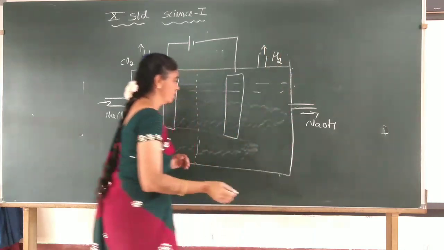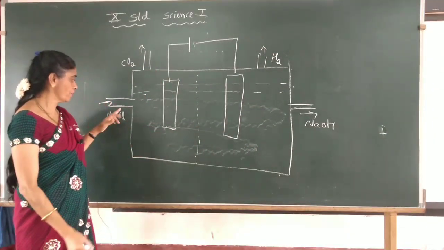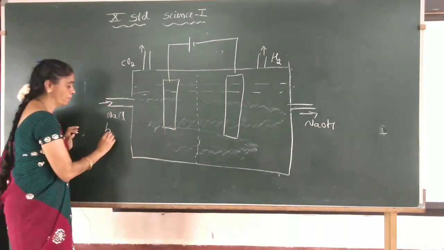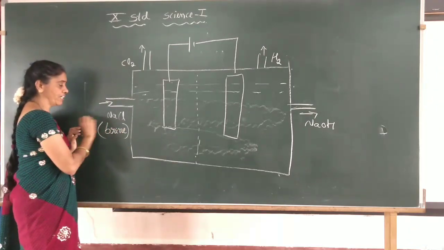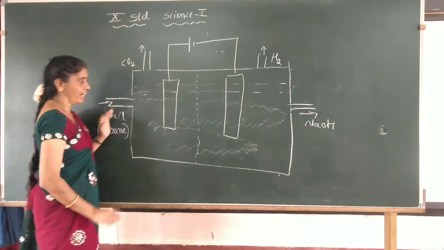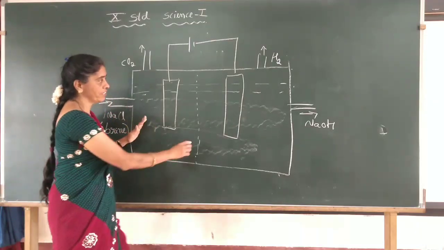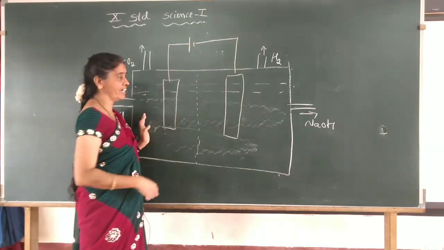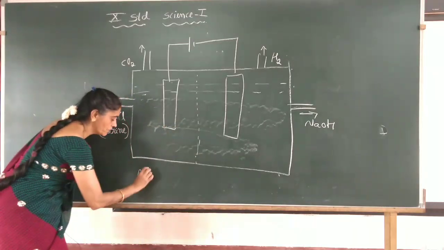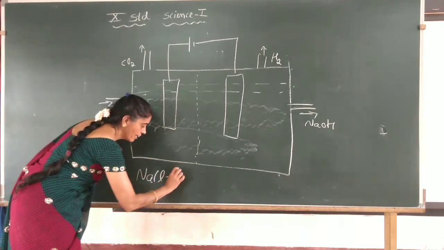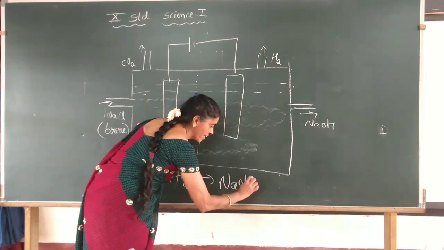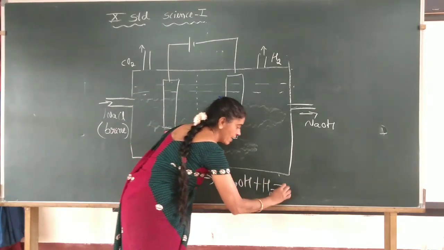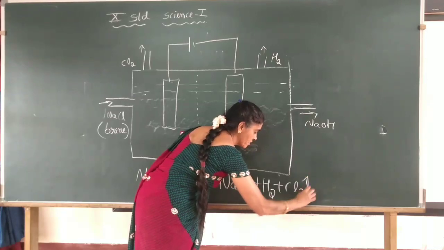So they will take sodium chloride solution, called brine, an aqueous solution of sodium chloride, and pass the electric current. In the reaction, sodium chloride along with water will produce sodium hydroxide plus hydrogen gas plus chlorine gas.